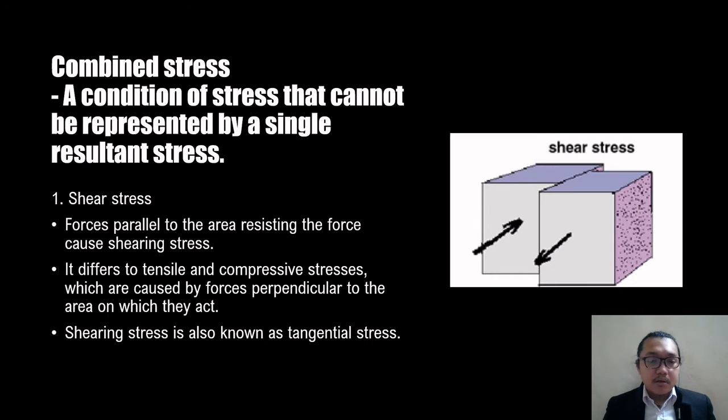Shear stress is a force parallel to the area resisting the force, called shearing stress. It differs from tensile and compressive stresses, which are caused by force perpendicular to the area on which they act. Shearing stress is also known as tangential stress.